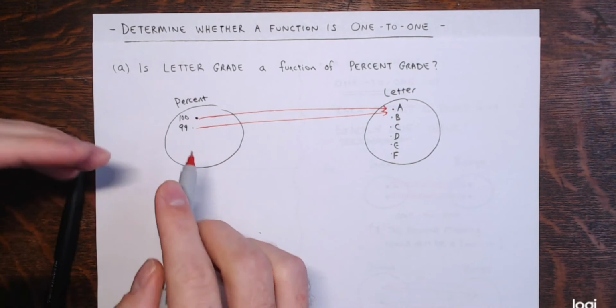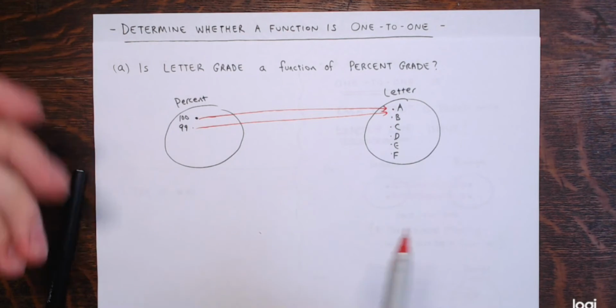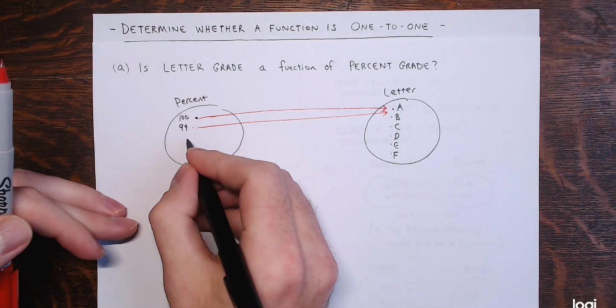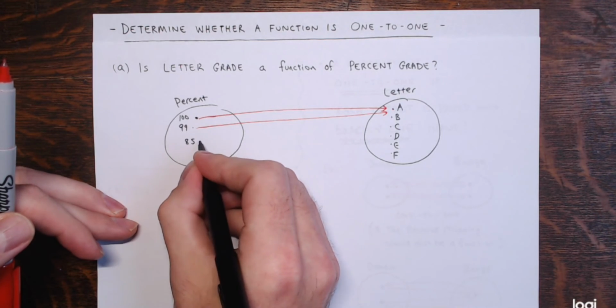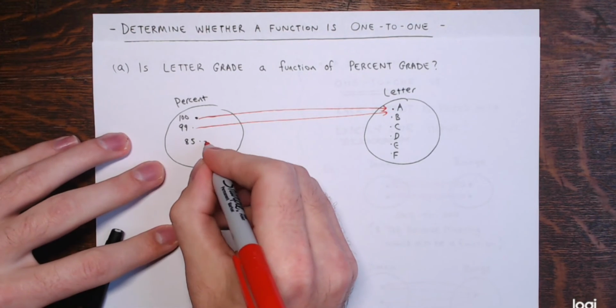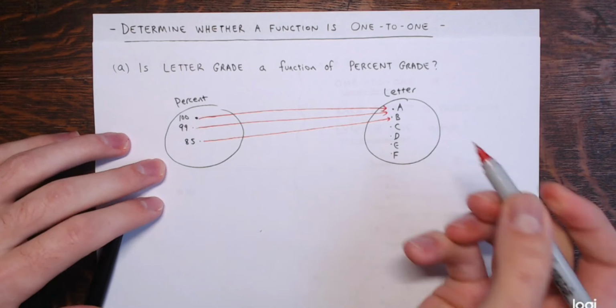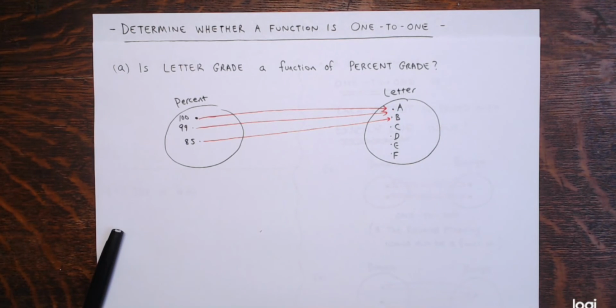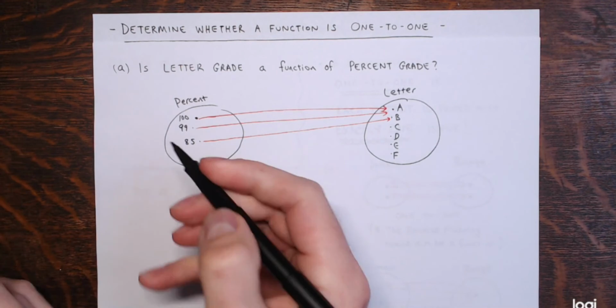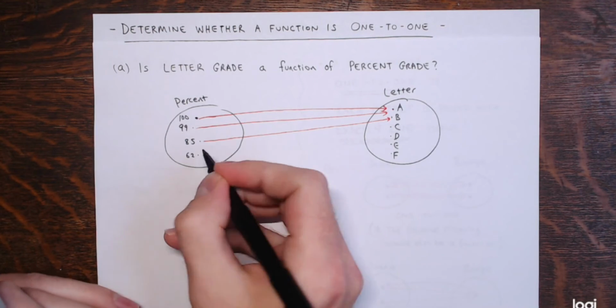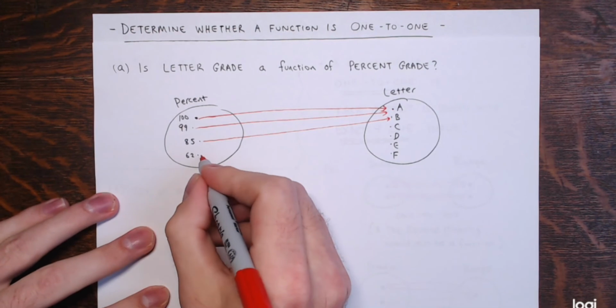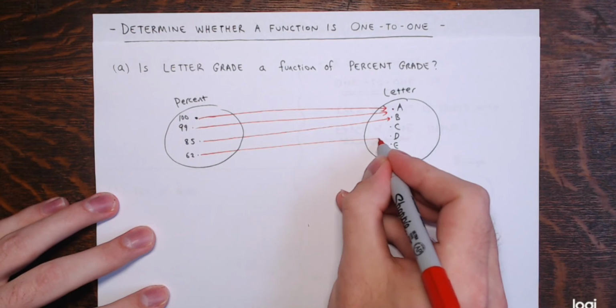And so on, say 85% would correspond to a B, and that's it though. A 62% would probably be a D, and whatever.